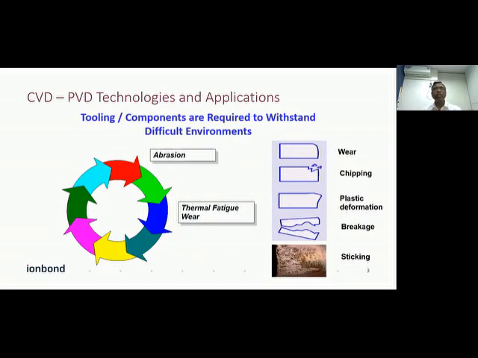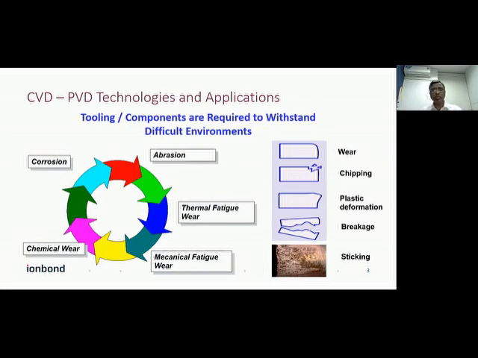Another one is wear due to thermal fatigue. Similarly, on the other side, there is wear or chipping. Third, we face wear due to mechanical fatigue, and also wear due to chemical action, where we normally keep getting corrosion.